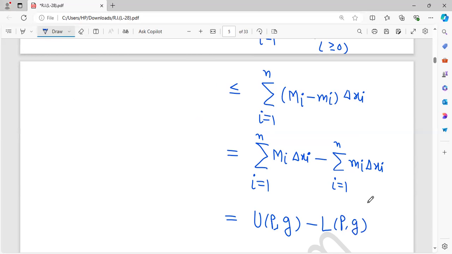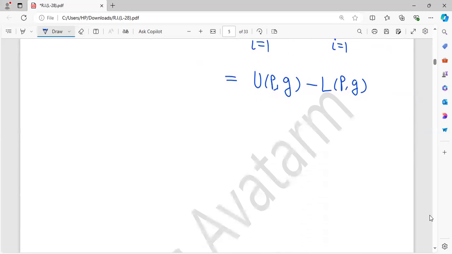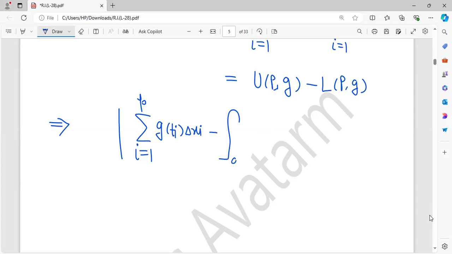So this implies summation i goes to 1 to p, g(ti) delta xi minus the integral a to xp g(x) dx is less than or equal to U(P,g) minus L(P,g).